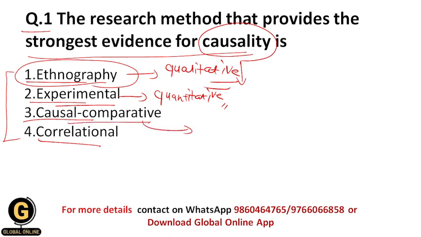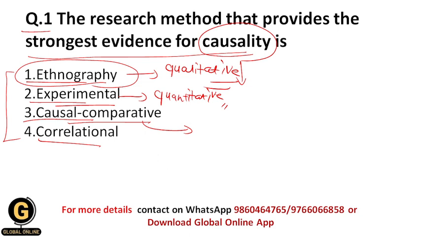Okay, what is the causal comparative research method? This is the research method in which we also study the cause and effect relationship between the variables, but here we study facts which have already happened in the past. That's why we don't have proper control over the variables, like we have in experimental research.